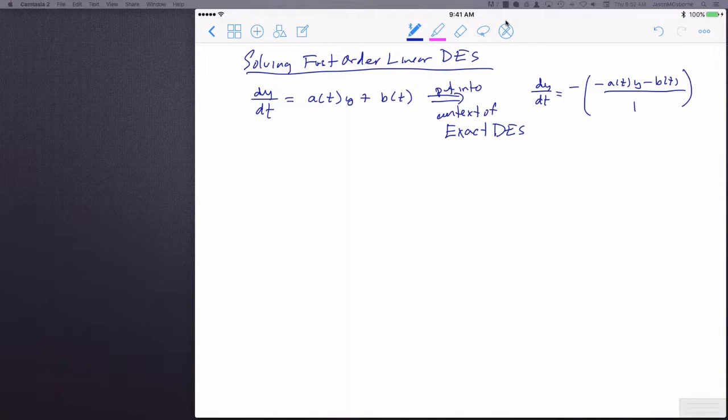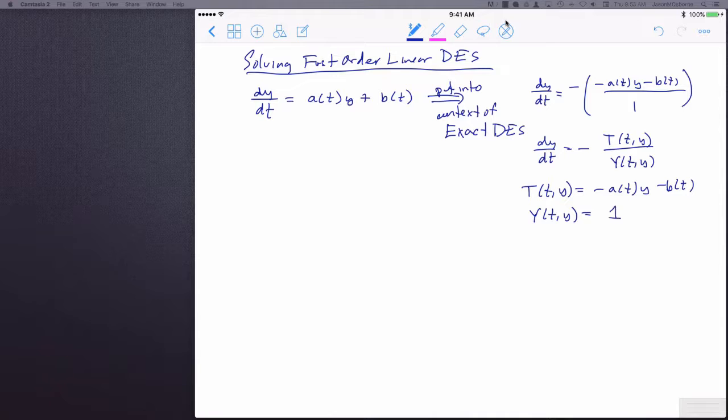So this is saying that dy/dt is equal to negative T(t,y) over Y(t,y). In this case, our function T(t,y), as in the exact equation notes, is minus a(t)y minus b(t), and Y(t,y) is equal to 1.